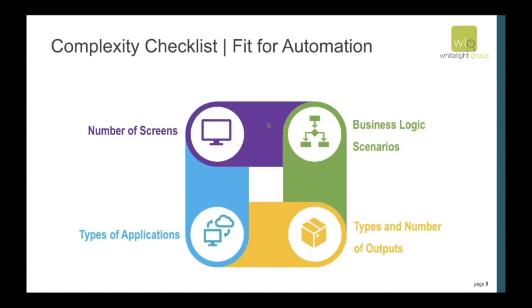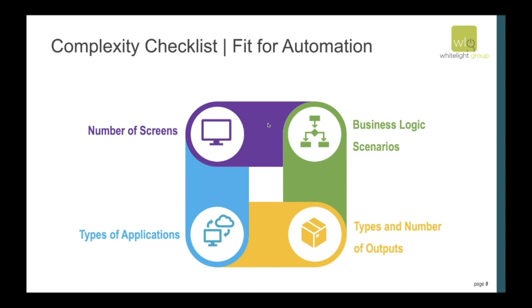So once you have that list, now we move on to the complexity checklist. There are templates that we can go over with you for this complexity checklist, but I just picked out 4 of them that are probably the most popular. So, how many screens are we using? Basically, how many steps, how many different screens are we using?